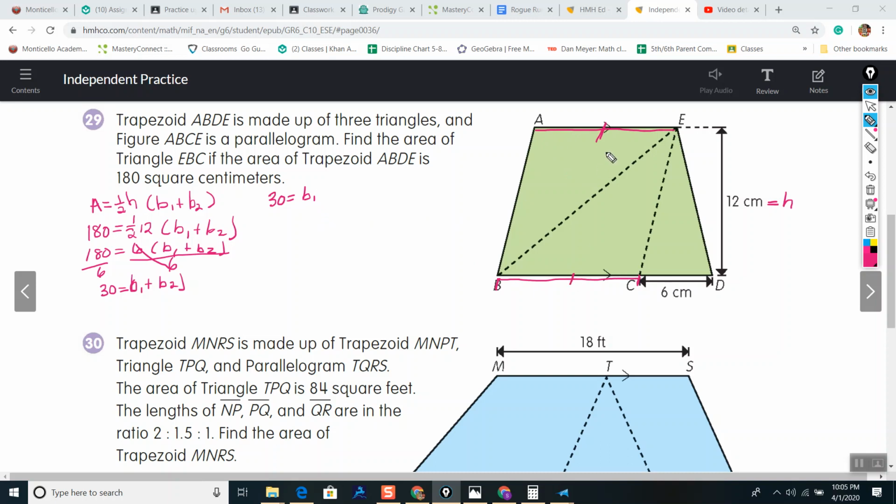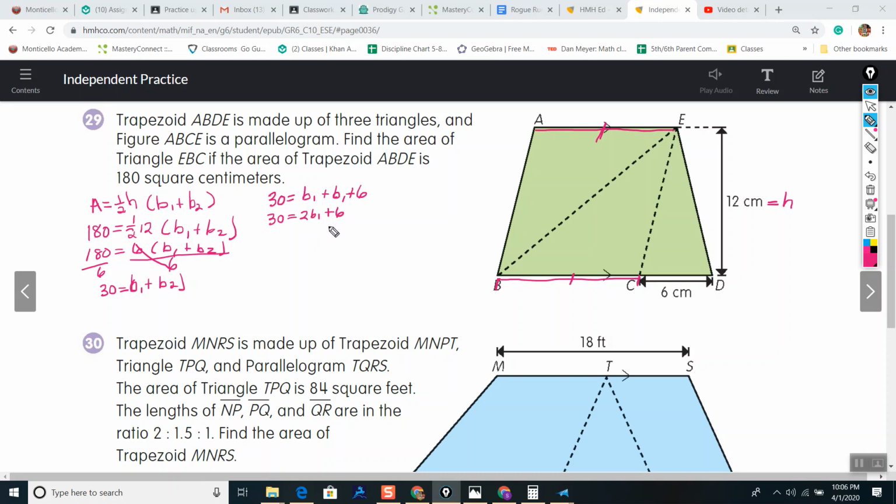B2 is, oh, look, it's just like B1, but it's plus 6 more. So plus a B1 plus 6 more. Okay? So now I can combine like terms, right? 30. I have 2 B1s. Oh, 2 B1 plus 6.